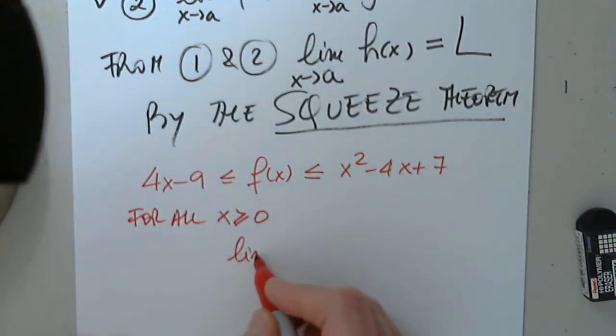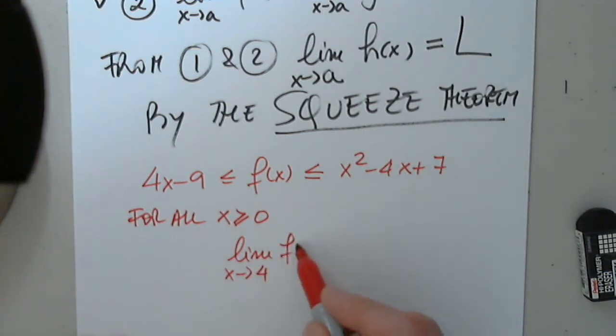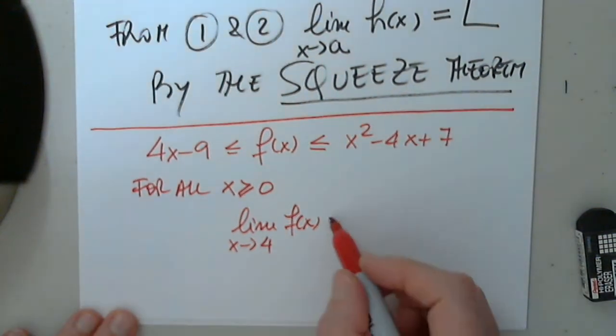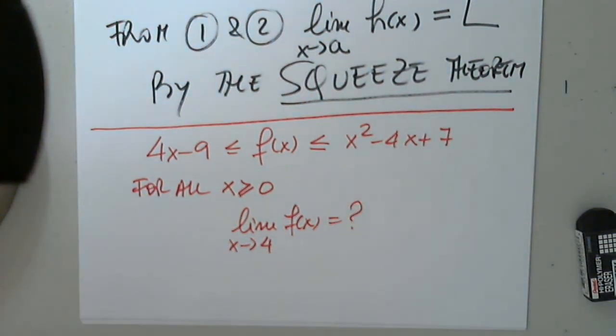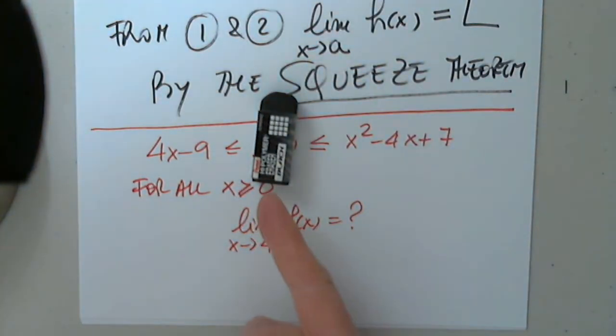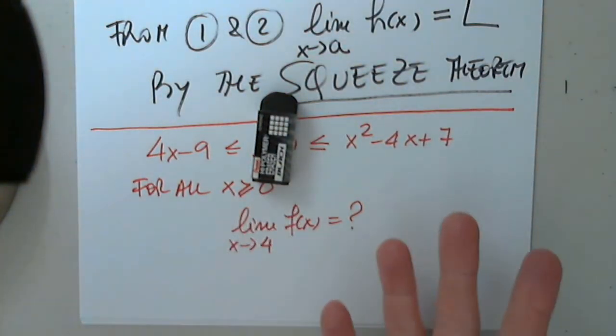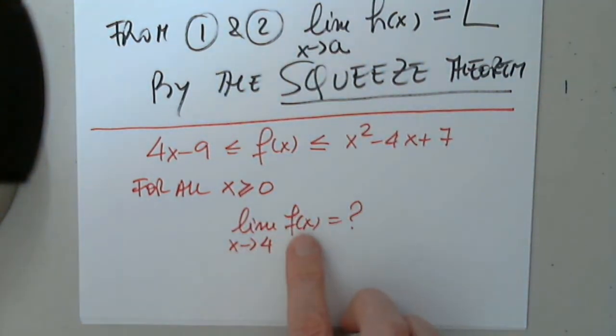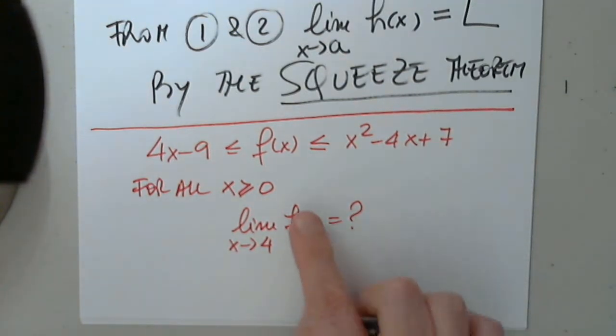We're asked to find the limit as x approaches 4 from either side of f of x. This is what we're asked to do. Bottom line, I don't even have the function. So this is an example in which I wouldn't be able to determine it. If you ask me what the limit is, if my life depended on it, I would not be able to tell you because I don't have the function.